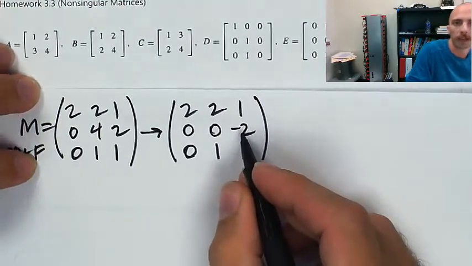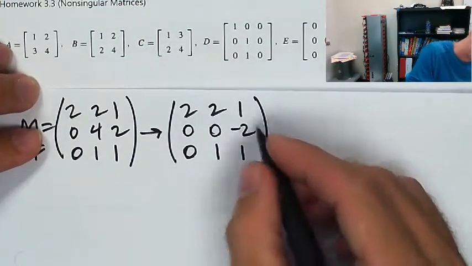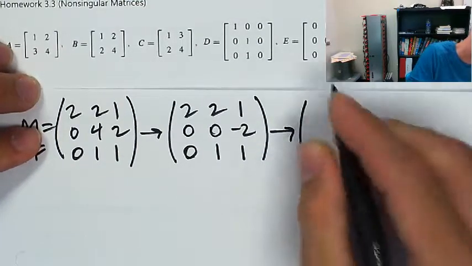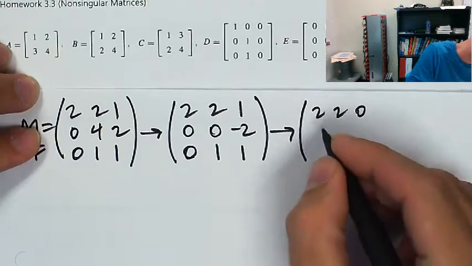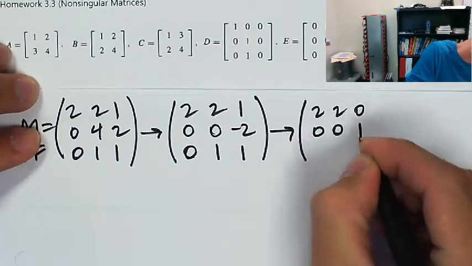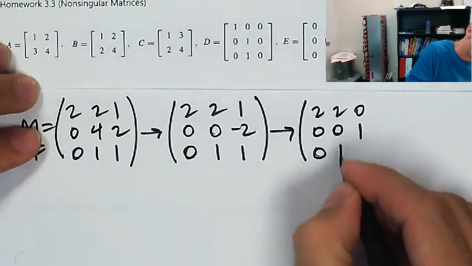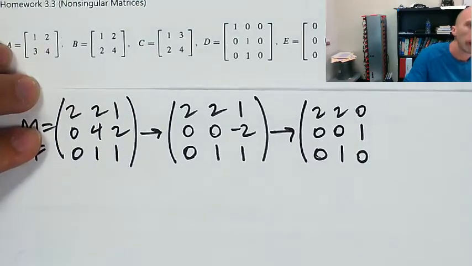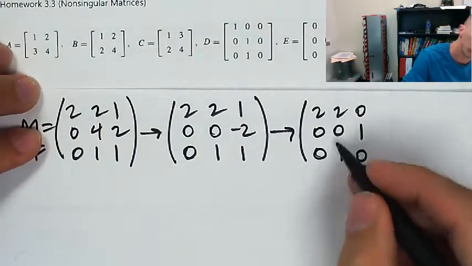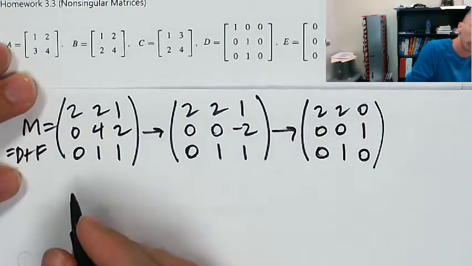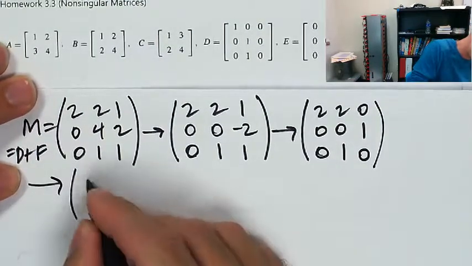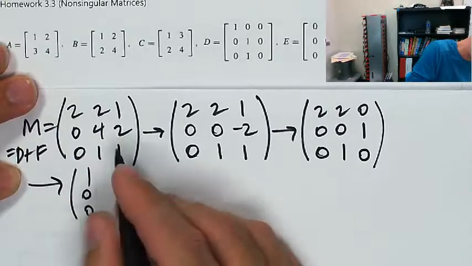But then once I have this one all by itself, I'm going to divide that by -2 and use that to clear out the rest of the column. And so then I've got 0, 1, 0. And I can use this 1 to clear off that 2, and then I can divide by 2 there. And so I'm going to end up with 1, 0, 0.